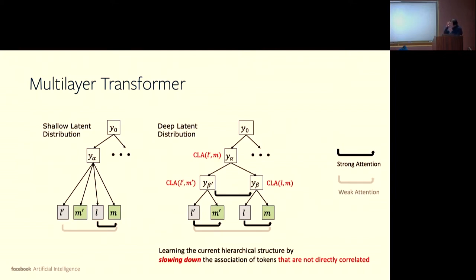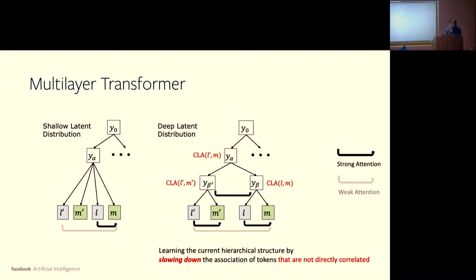You think about this property: we first learn tokens that co-occur a lot, then we learn tokens that co-occur sparsely. This mechanism works well for both shallow and deep latent distributions. For deep latent distributions, we first learn M and L associations, and also M prime and L prime associations at the same time, because they co-occur a lot with each other, according to our previous analysis of the hierarchy.